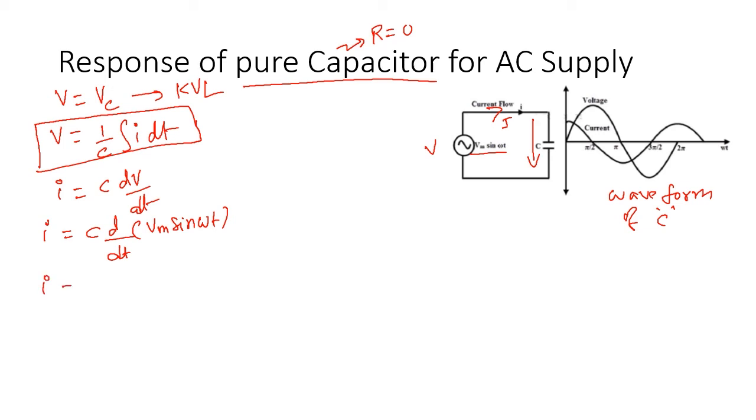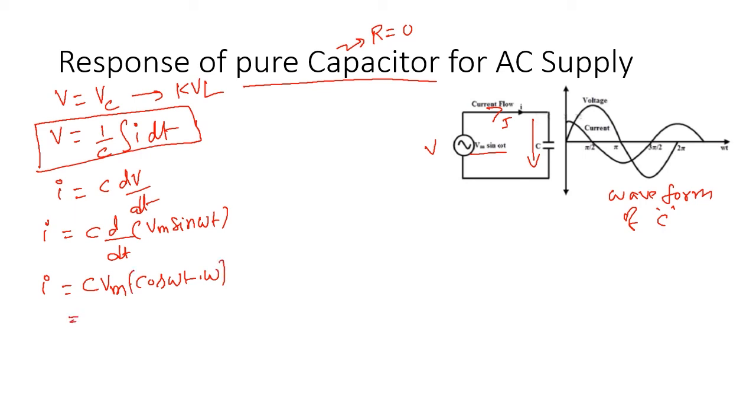So when you differentiate here, what do you get? Vm into cos omega t, since d by dt of sin omega t is equal to cos omega t into omega. So that equation you got.